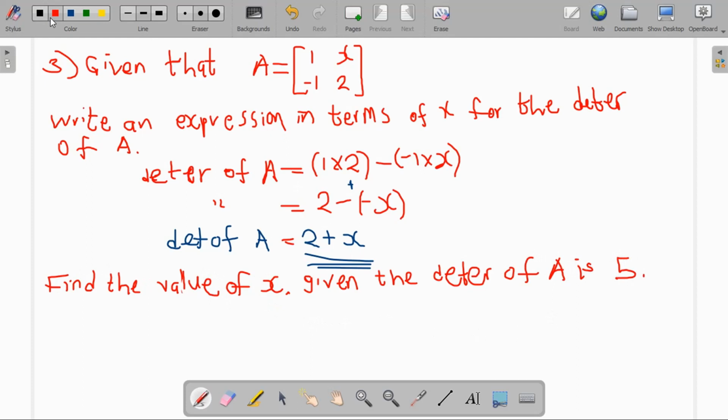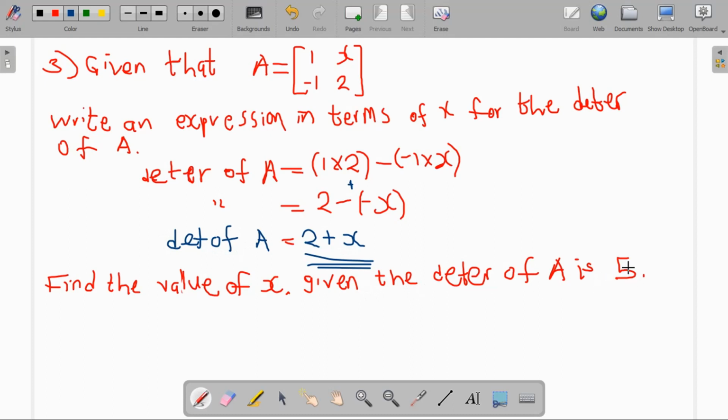So how can we find the value of x? We have already found the expression, which is already written. This is a 2 by 2 matrix, and the expression is the determinant of A is equal to 2 plus x. They have said the determinant of A is 5.